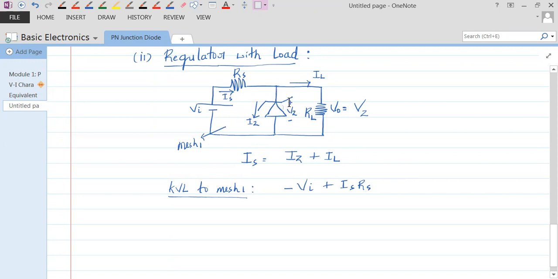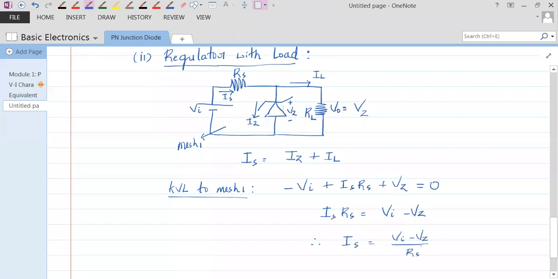Now again you come across the plus sign of Vz, so I'll say plus Vz here. The algebraic sum of all these would be 0. That means Is Rs would again be Vi minus Vz, which further implies Is is Vi minus Vz by Rs.